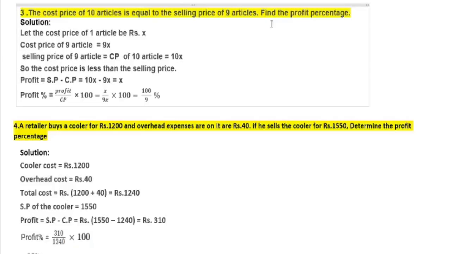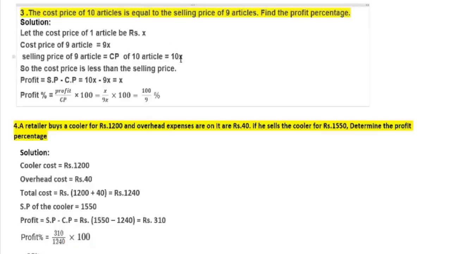For finding profit, we have to find out cost price and selling price. So here cost price of 9 articles is 9x and selling price of 9 articles, here in the question it is given selling price of 9 articles equal to cost price of 10 articles.